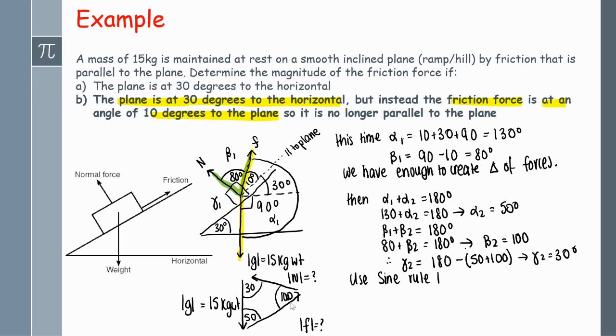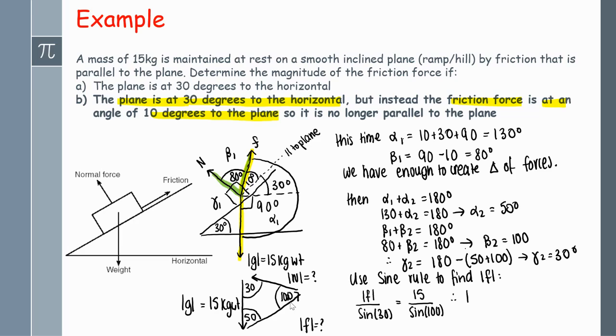Once you've put all the angles in, you can use some trig ratios. Because we don't have a right angle triangle, I'm going to use the sine rule. So I'm going to say the magnitude of force F over sine 30, its opposite angle, is equal to the magnitude of G over its opposite angle, so sine 100.